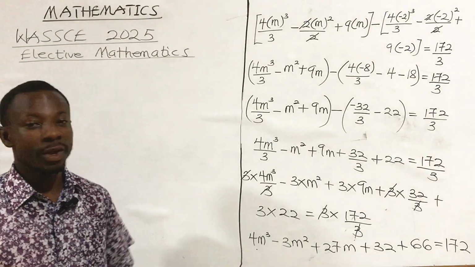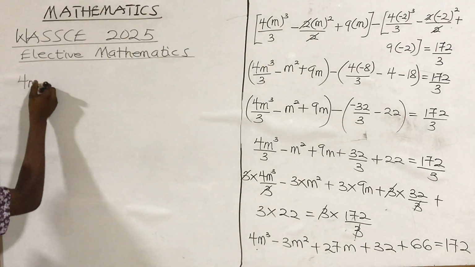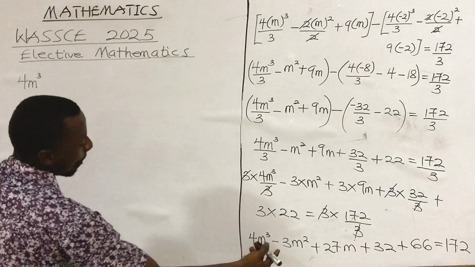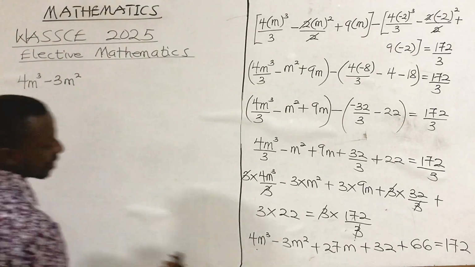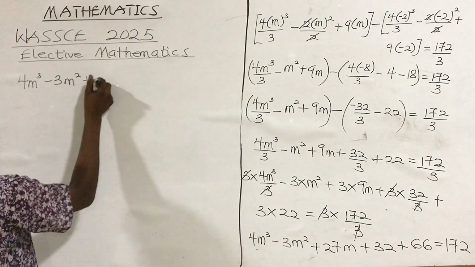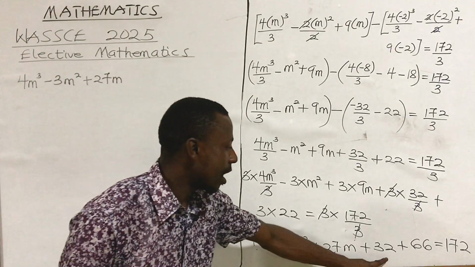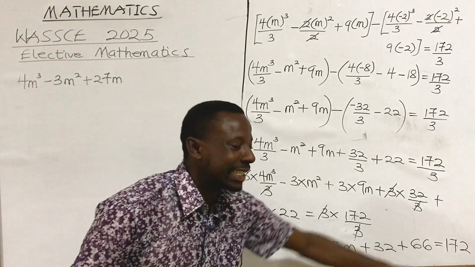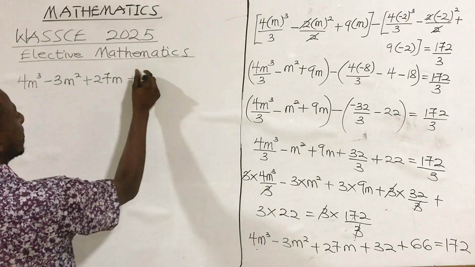So from here, we are going to group like terms. So we have 4m cubed minus 3m squared plus 27m. So we have 32 plus 66, we have 98.